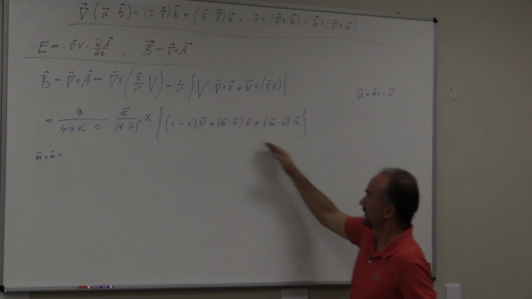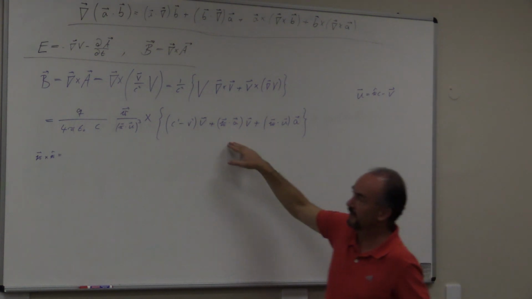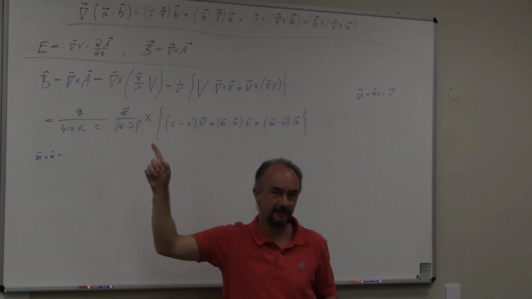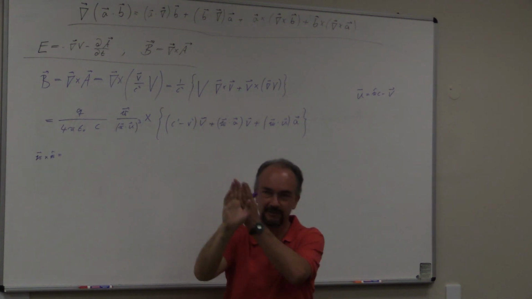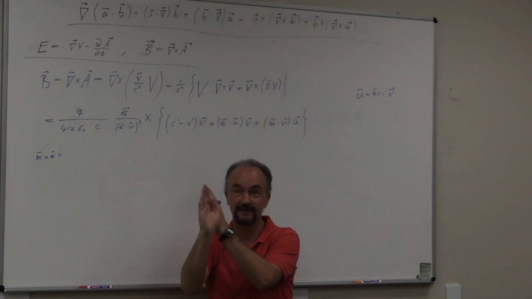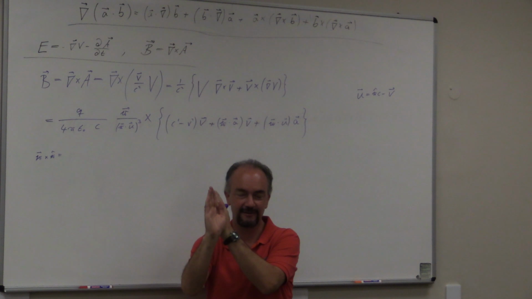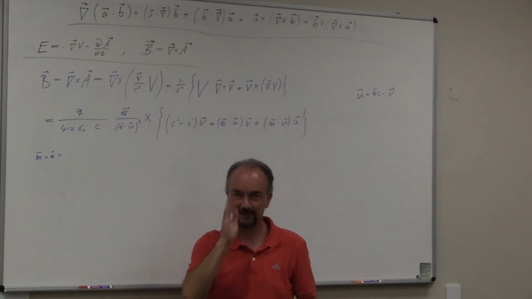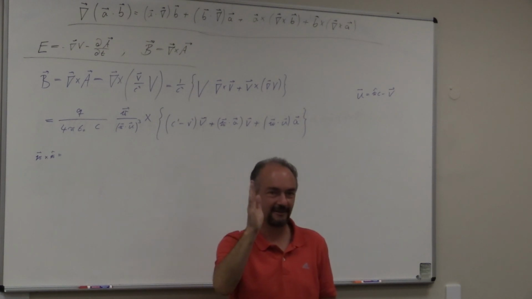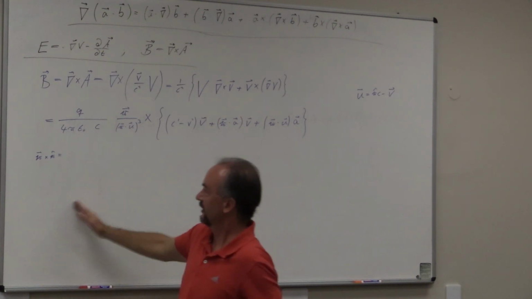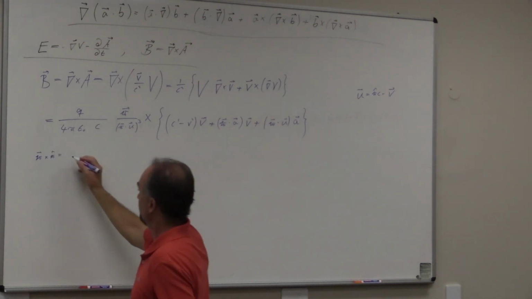If there are any terms in here that have an r unit vector in there, we cross that with r, what comes out? Take the cross product of two parallel vectors. What is that? A vector cross product with itself is 0, right? Because it's the sine of theta, the angle between the two vectors. If they're parallel, then that angle is 0, so that is 0.